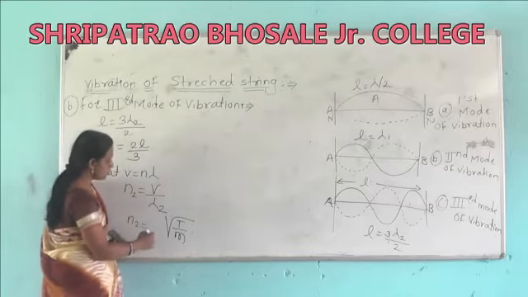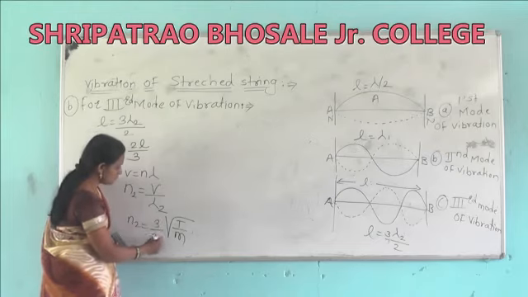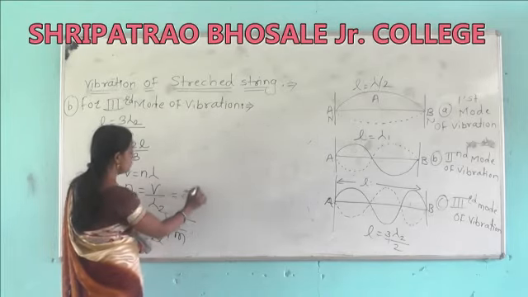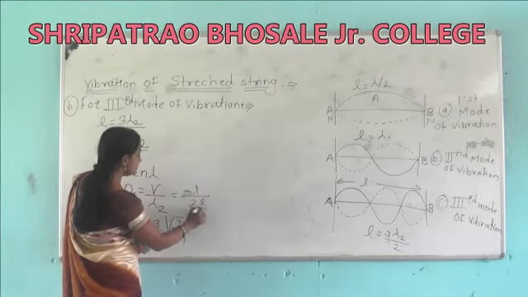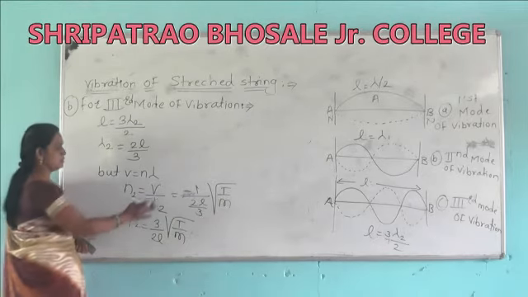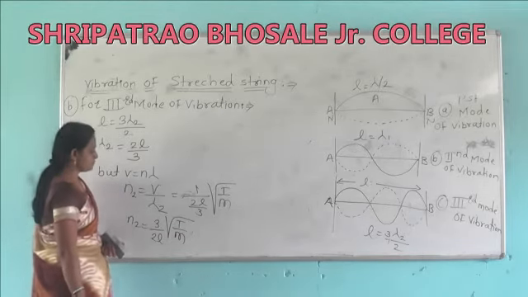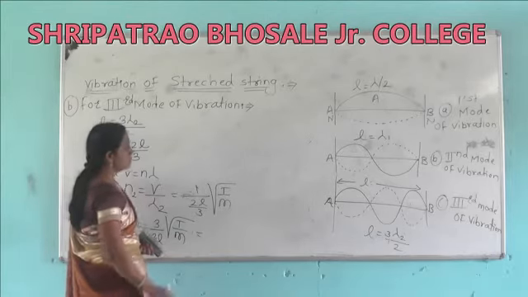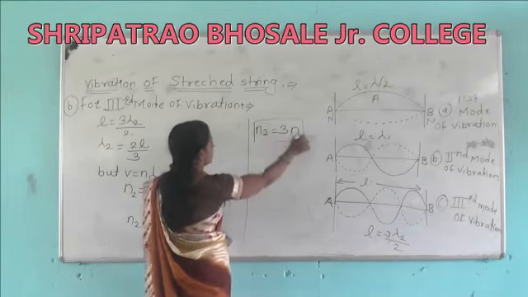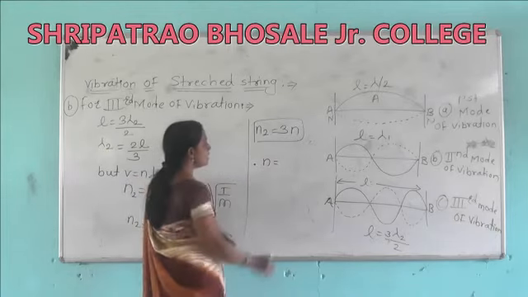By putting this, we get N2 is equal to V divided by 2L by 3 square root of T by M. Then 3 goes to the upper side, that is 3 divided by 2L square root of T by M. Therefore N2 is equal to 3N, since N is the fundamental frequency.